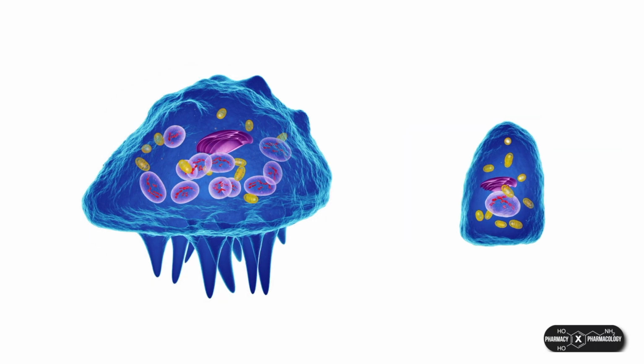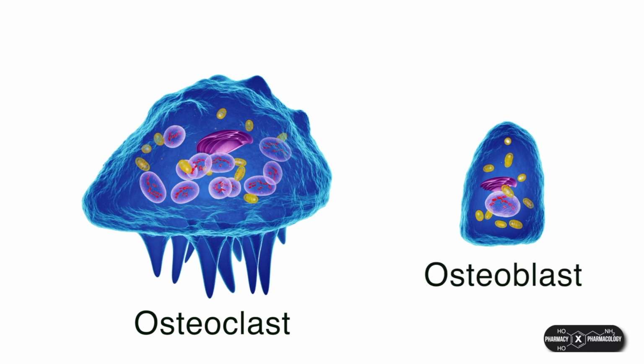Here's an illustration of osteoclasts and blasts from Canva. The one on the left is an osteoclast. Osteoclasts are special in that they are giant multinucleated cells, which are formed from macrophages or monocytes, which are a kind of pre-macrophage.